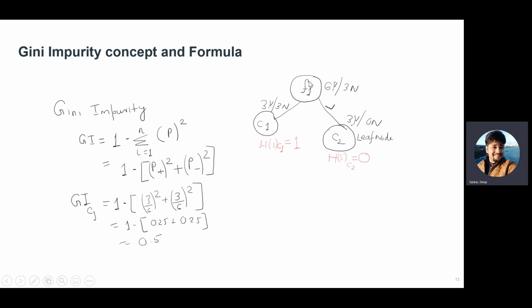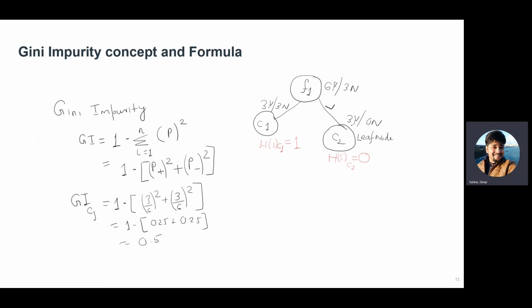So let's do the same computation using Gini impurity. Let's first look into the mathematical formula of Gini impurity. It's pretty simple. It's 1 minus the sum over 1 to n of the probability squared. If I break this down, this is nothing but probability of plus squared plus probability of minus squared, where probability of plus is the probability of yes and probability of minus is the probability of no.